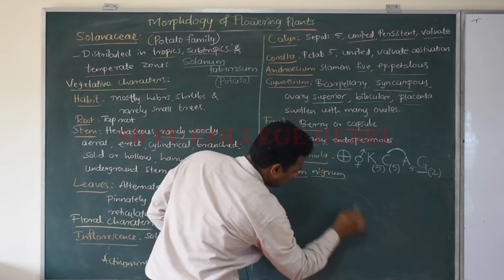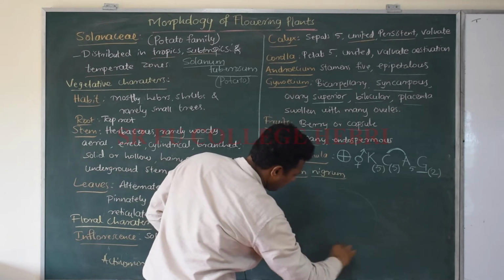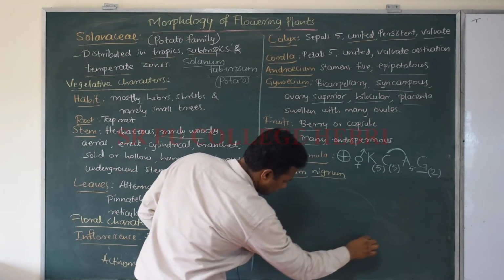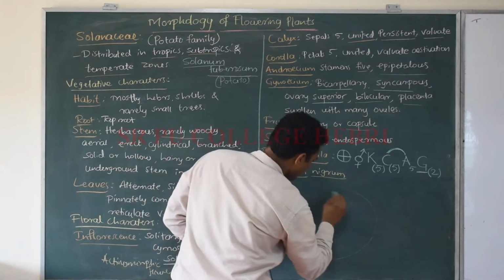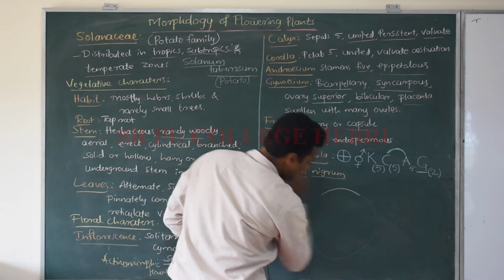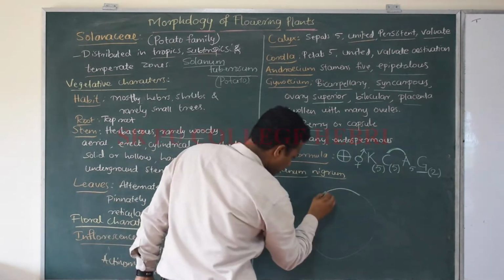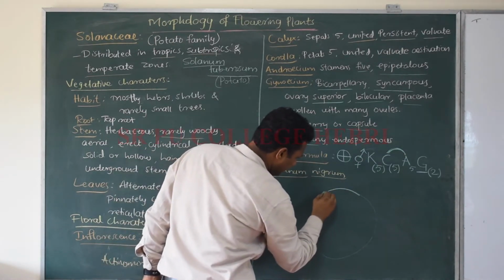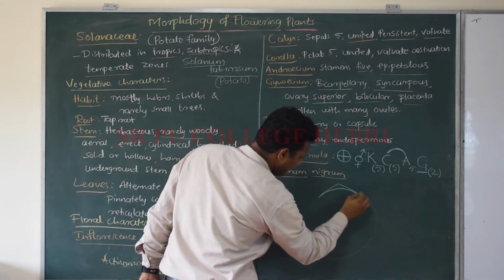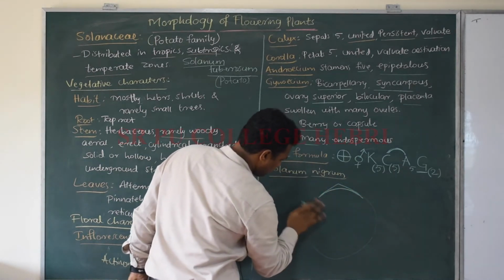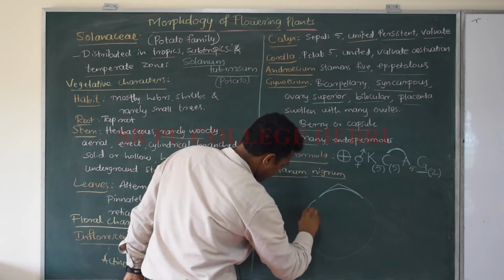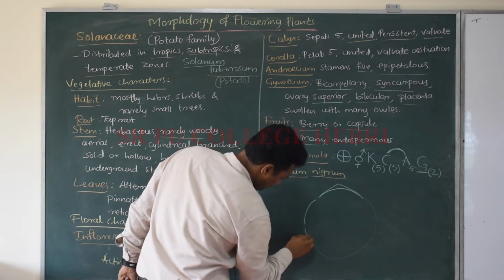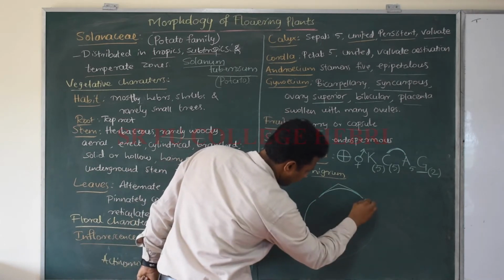Just draw a circle with a very light line. Now you try to make all the 5 sepals. You know the sepals have a sharp or pointed ending here at the center. There are 5.